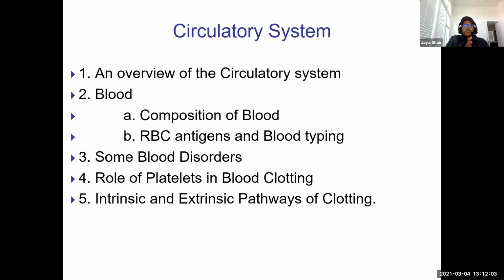So today in the cardiovascular system, we will go over an overview of the circulatory system, and we will focus today on blood. In blood, we will talk about the composition of blood, what are the components of blood, which is the liquid and cell part. Then the most important cell in the blood is red blood cells, or RBC.